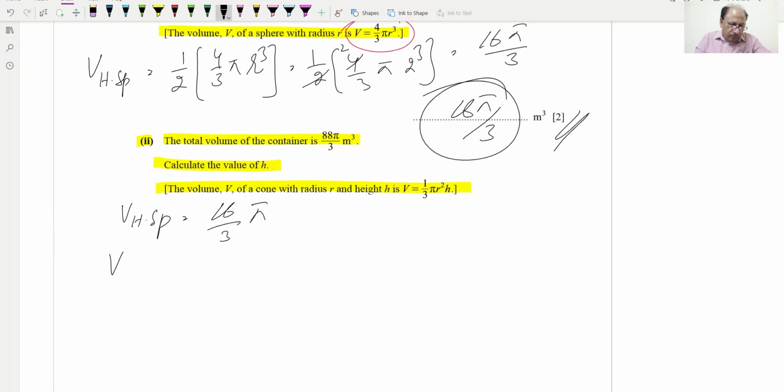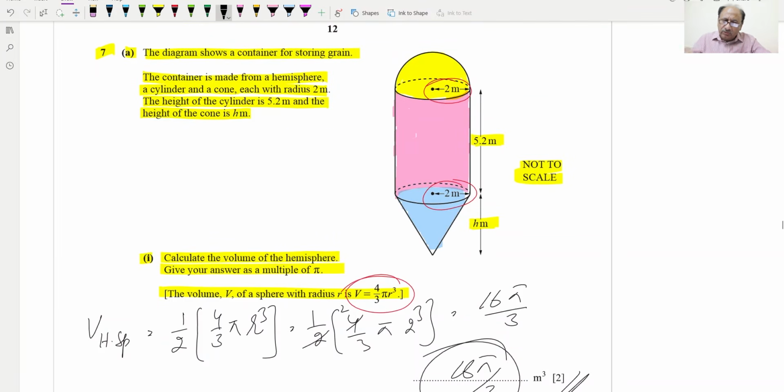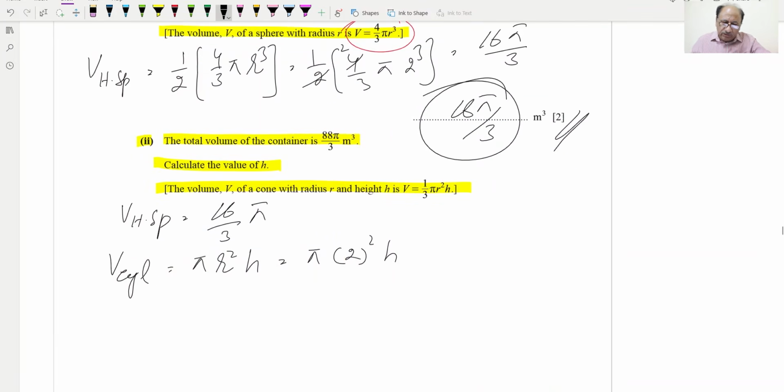and the volume of the cylinder will be equal to pi r squared into h. So pi r squared into h will be equal to, the radius is 2, so 2 squared into h. The height of the cylinder is also given as 5.2, so we can replace it over here.